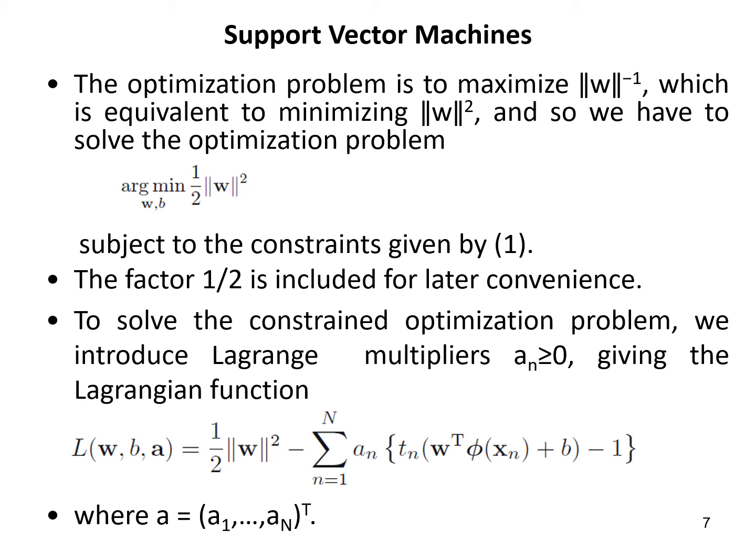To solve the constrained optimization problem, we can introduce Lagrange multipliers an greater than or equal to 0, giving the Lagrangian function L(w, b, a) = 1/2 ||w||^2 minus the summation over n equal to 1 to N of an {tn (w^T phi(xn) + b) - 1}, where a = (a1, a2, ..., aN)^T.